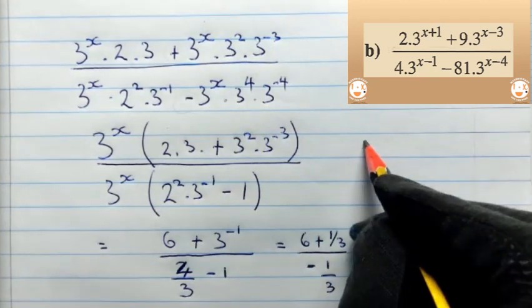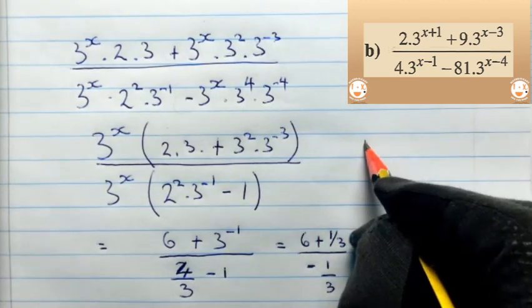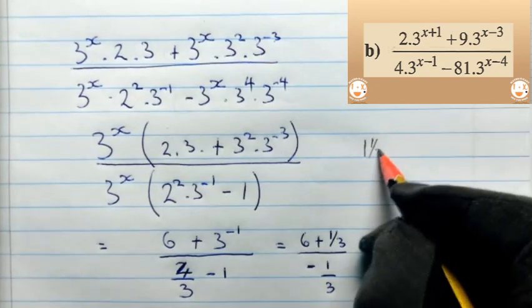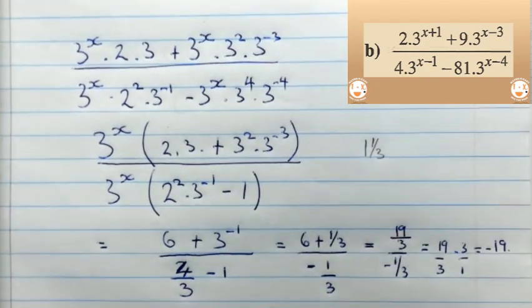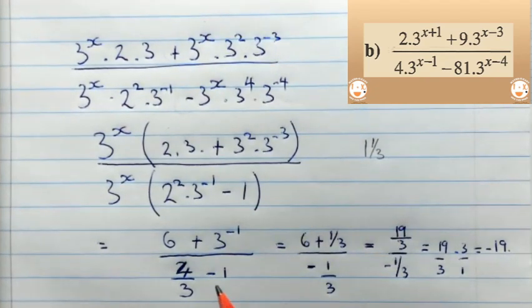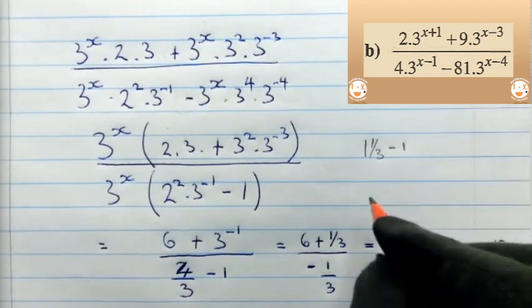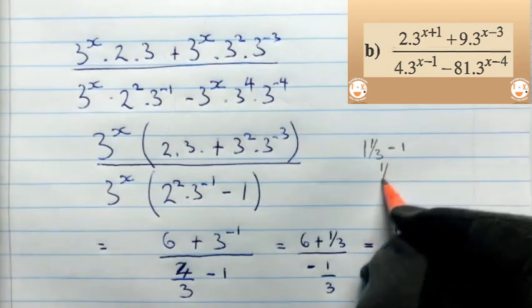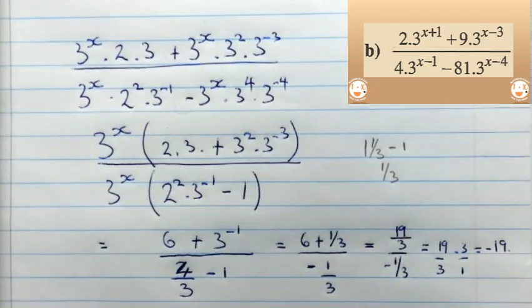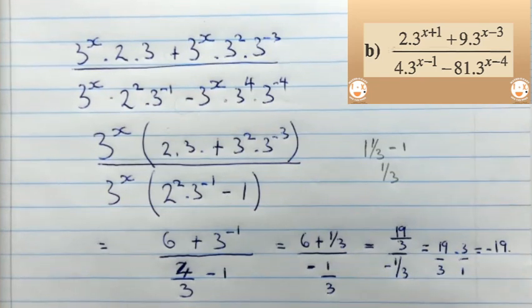So 4 over 3 will be 1 and 1 over 3. And then this will be a 1, isn't it? So if I say 1 and 1 over 3, what will I be left with? I'll be left with 1 over 3. So there is the first mistake that I'm seeing. Then I say, okay, here I'm sorted. I'll go back and check again.